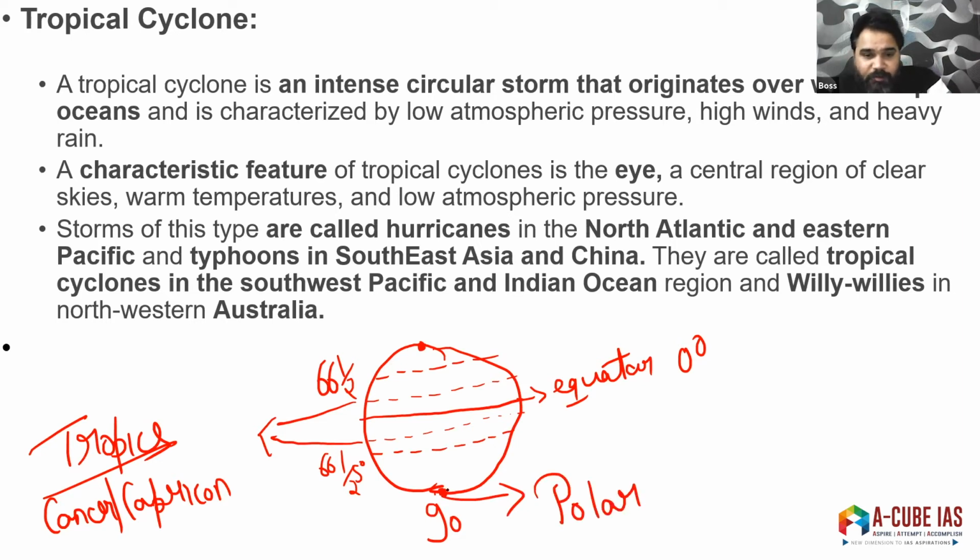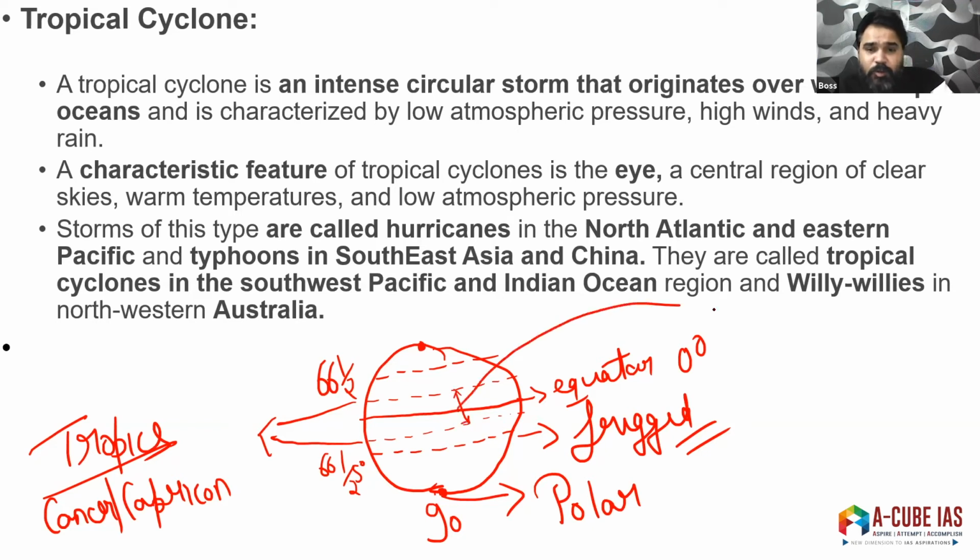The region from 90 degrees to 66.5 is termed as frigid, with reference to coldness. And the region from the equator to the tropics is known as the torrid region.